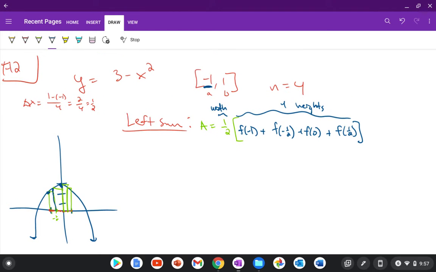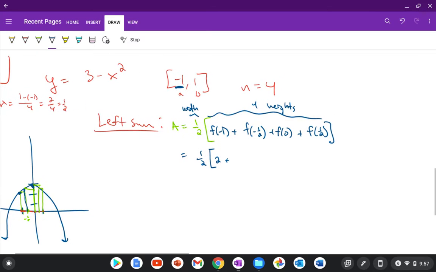All right. So then let's go ahead and evaluate this. It's going to be 1/2 times f of -1. That's going to be 2. F of -1/2, if you want to plug it in, you can do that on the side. 3 minus -1/2 squared. Well, you square a half, you get a fourth. So 3 minus 1/4.